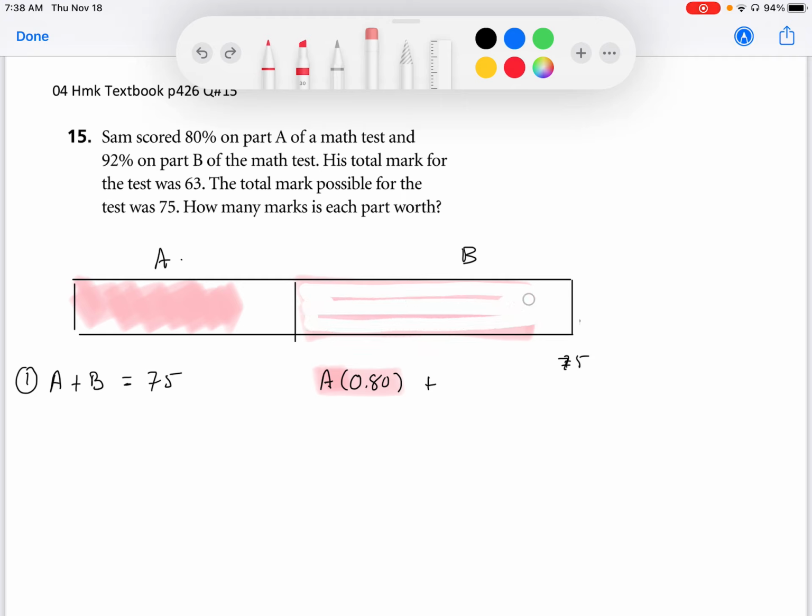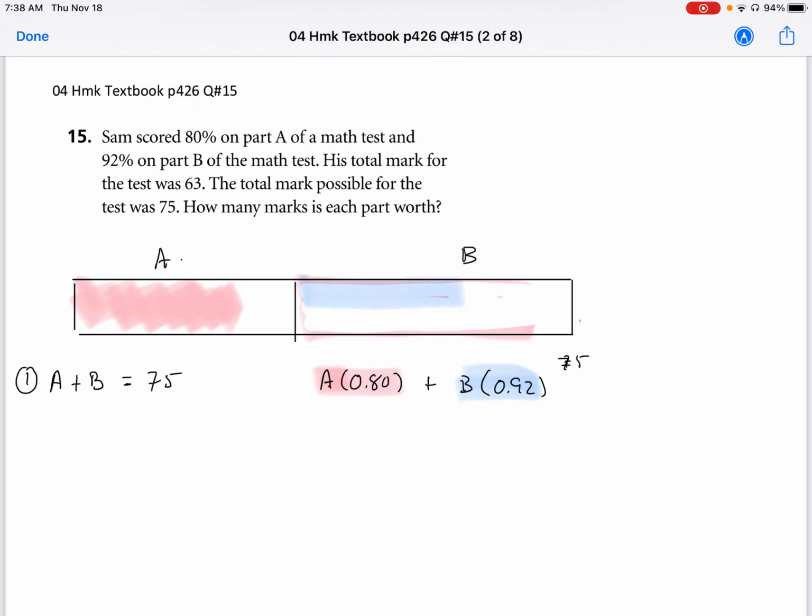Reshade this part. Okay, and the other part is going to be, we're going to take the marks in part B, and we're going to multiply that by 92%, and that'll give us the marks that we got in the part B section. So this would represent the 92% in here.